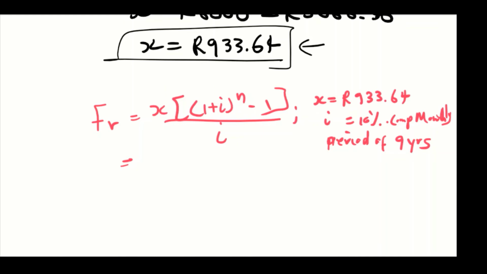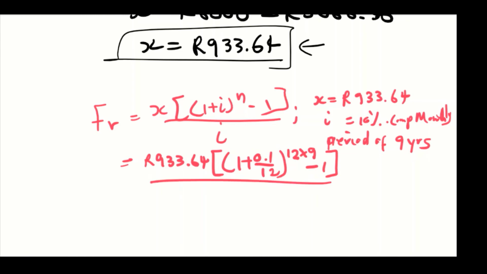So we're just going to write our 933.64 into 1 plus 10%, 0.1 divided by 12, to the power of 12 multiplied by the 9 years, minus 1, divided by 0.1 over 12.